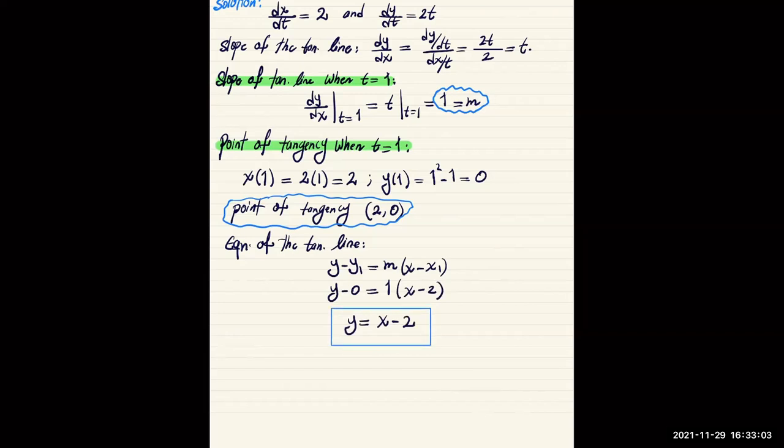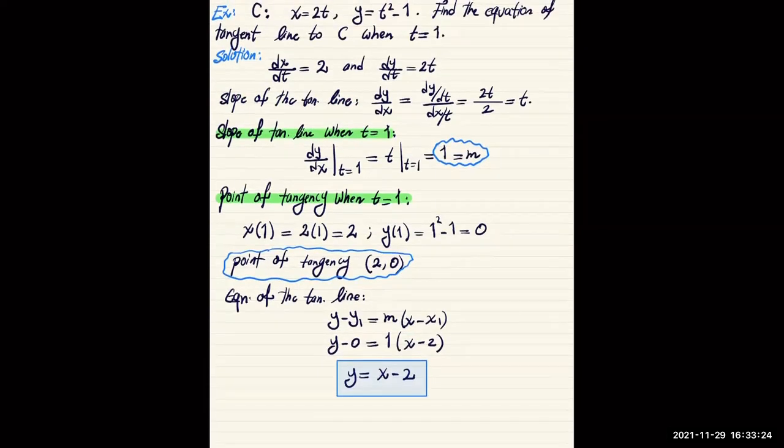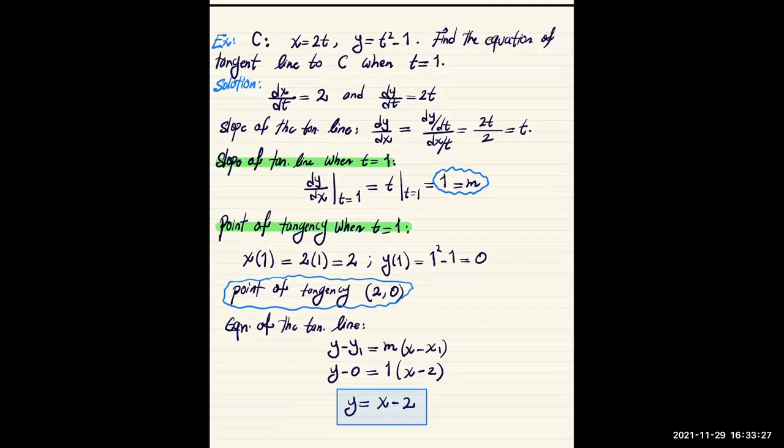So this means that if you draw the parametric curve and the tangent line at the point 2, 0, its equation is y equal to x minus 2. You could try it out. There is another way: you could eliminate the parameter.